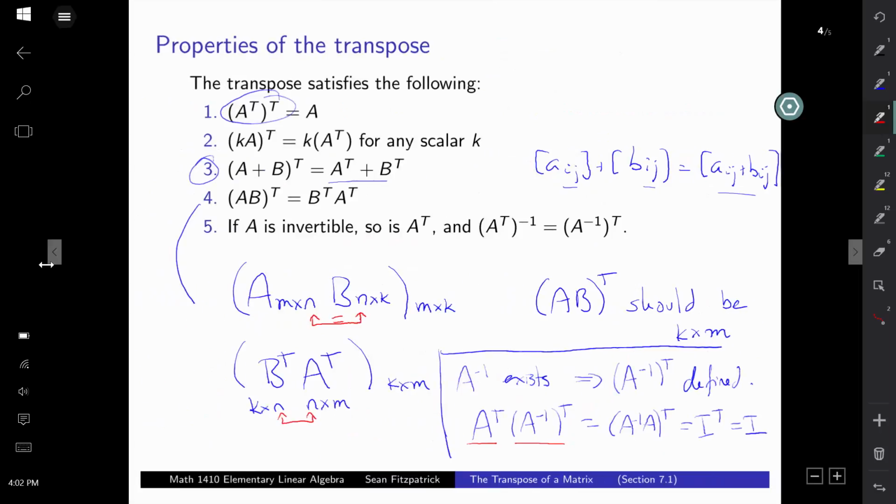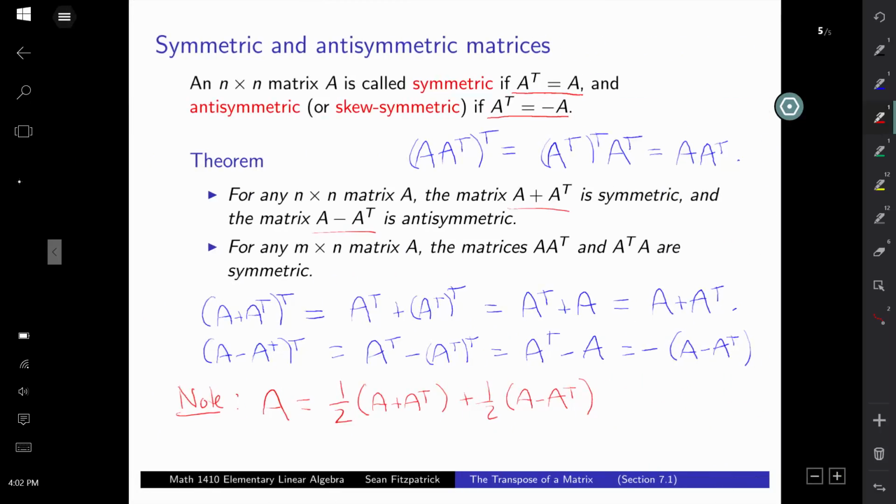And because we also have this scalar rule, if A plus A transpose is symmetric, so is 1/2 of A plus A transpose, and 1/2 of A minus A transpose will also be antisymmetric. What this tells me is that every matrix can be written as the sum of a symmetric matrix and an antisymmetric matrix. This can occasionally be useful because there are certain properties that symmetric and antisymmetric matrices have that you might want to exploit.